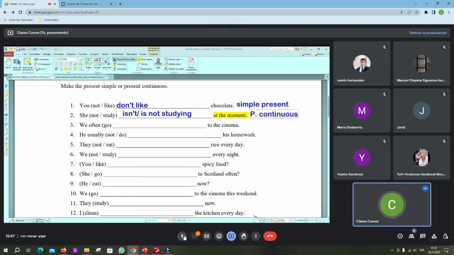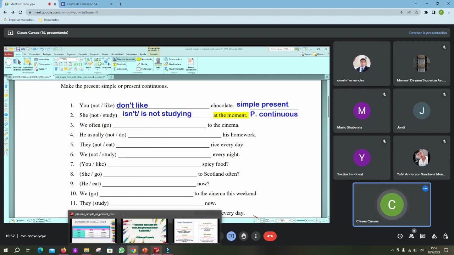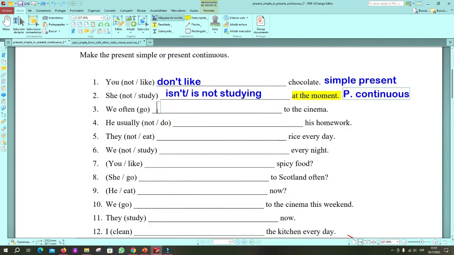Okay, guys, let's check the answers. Who wants to do the number 3? Which could be the answer for that one? We often. Remember, this is a frequency adverb, right? So we often what? To the cinema. Which could be simple present or present continuous? Which could be the answer? Yes?